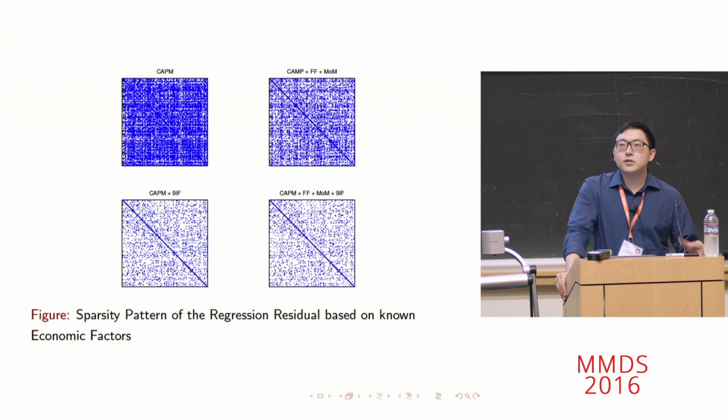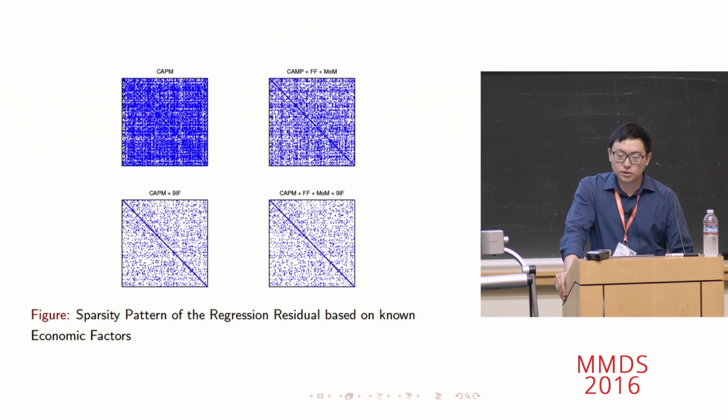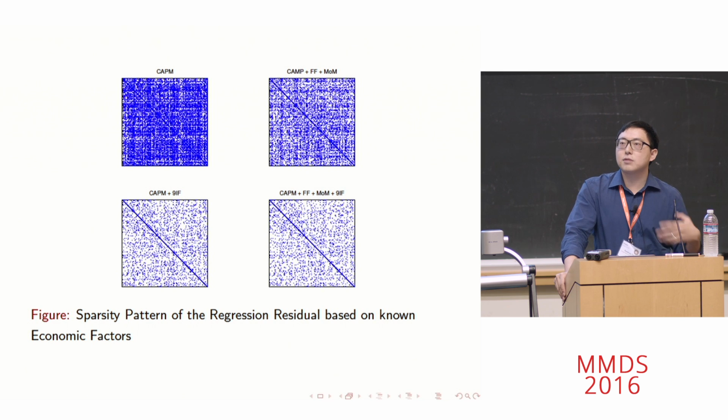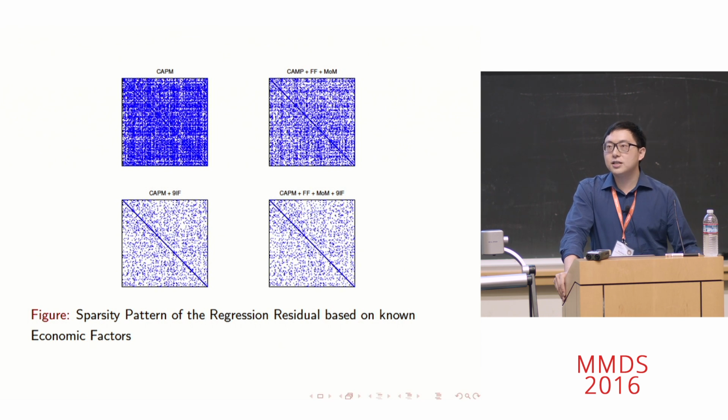However, if we use some known economic factors, such as the market factor, which we call the CAPM model, the residual covariance matrix starts to become slightly more sparse, as you can see from the top left picture. And if I keep adding more factors, the Fama-French factors, the momentum factors, the industry ETFs, eventually, if you take a look at the bottom right corner, the residual covariance matrix looks quite sparse.